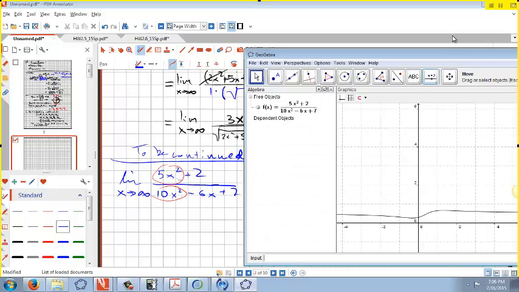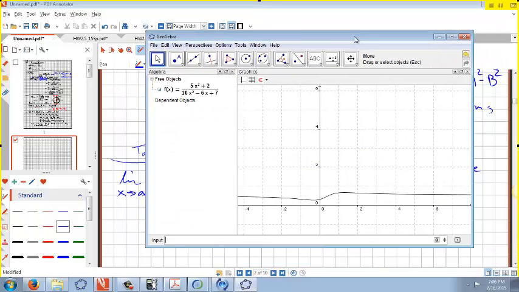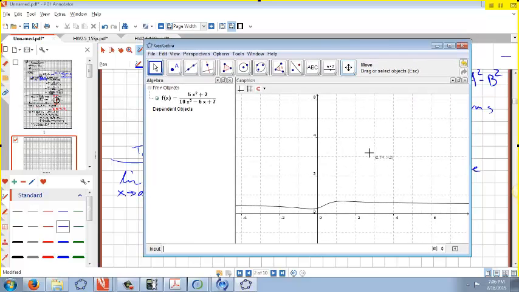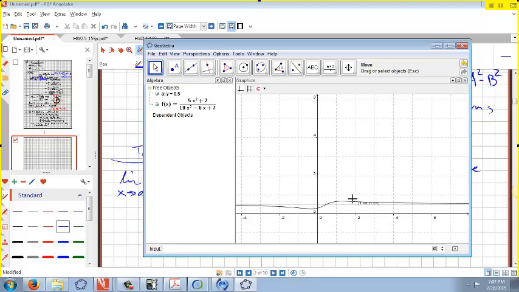But notice, if you look at it, you can tell that it's going to 1/2. So if I plot the line y equals 1/2, you can see that that truly is the horizontal asymptote for this function.